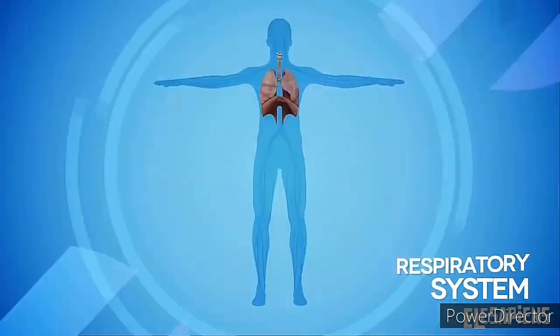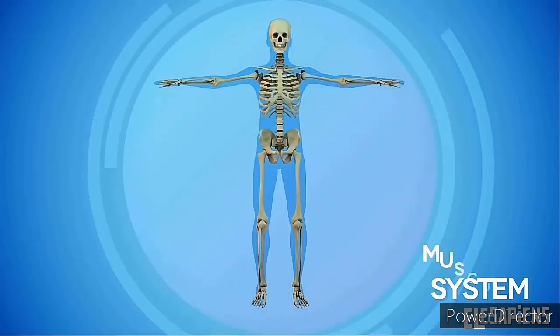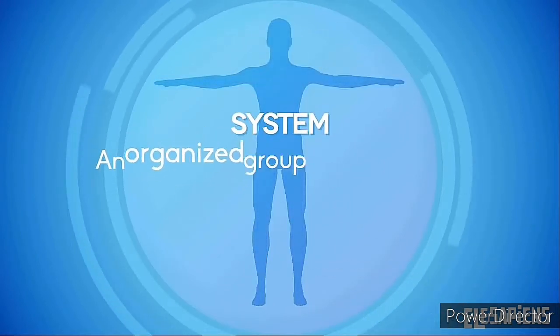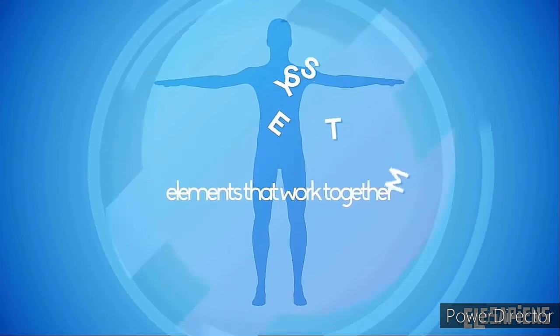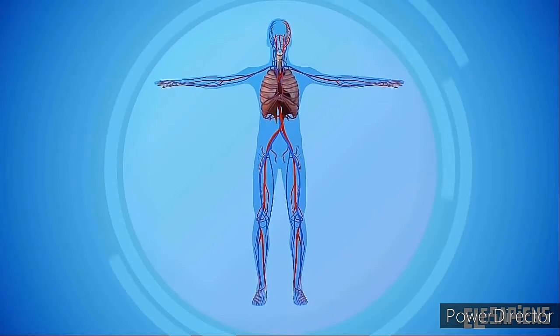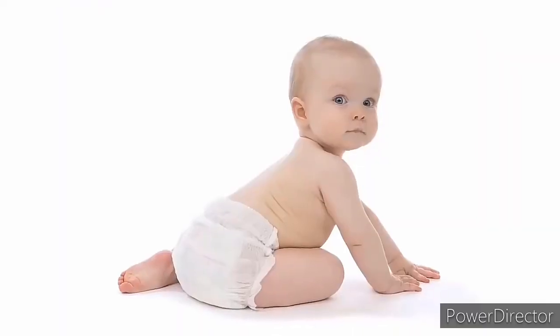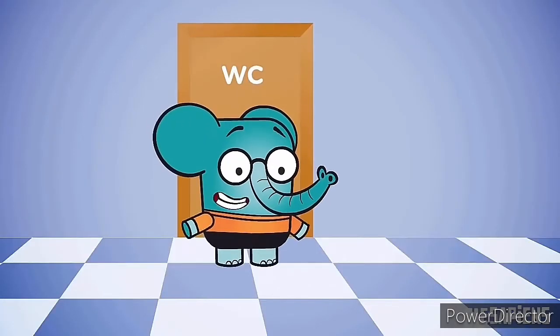Circulatory system, respiratory system, digestive system, bone system, muscular system. Systems are organized groups of elements that work together. In the human body, systems are groups of organs that perform vital functions, such as breathing, moving, eating, and more.